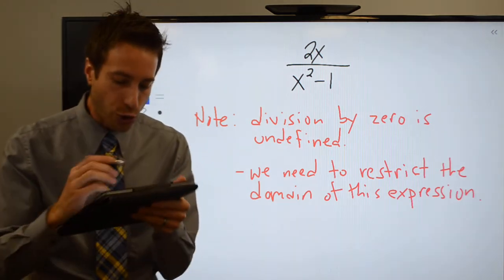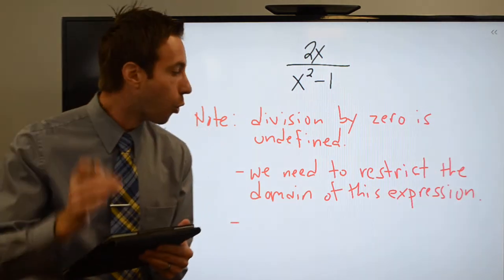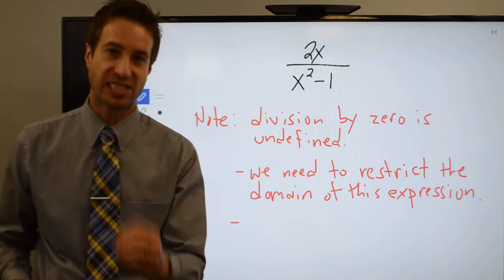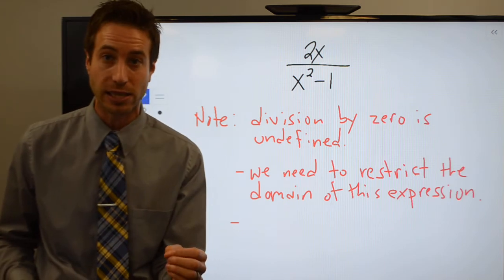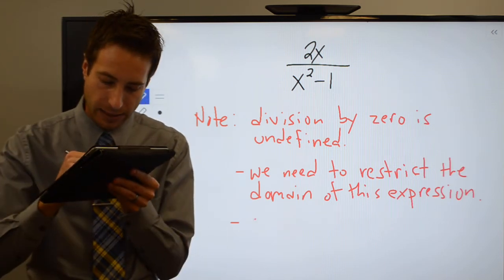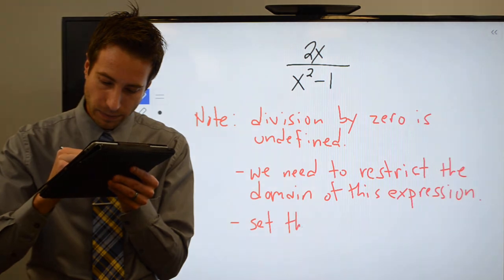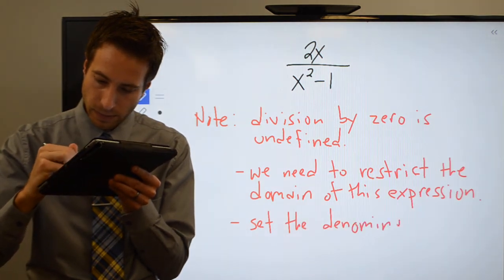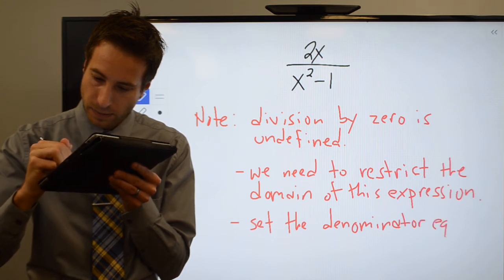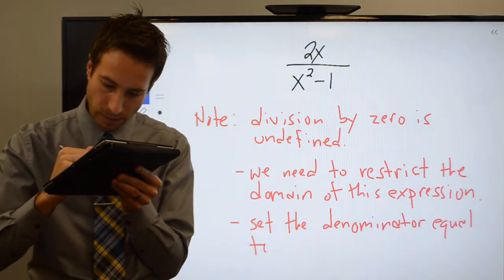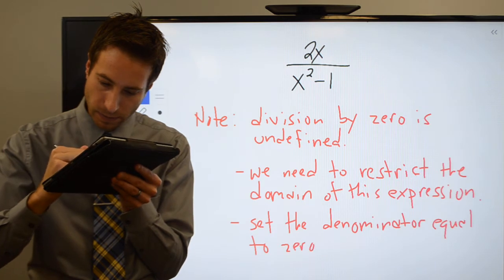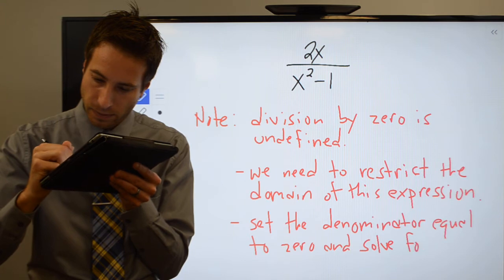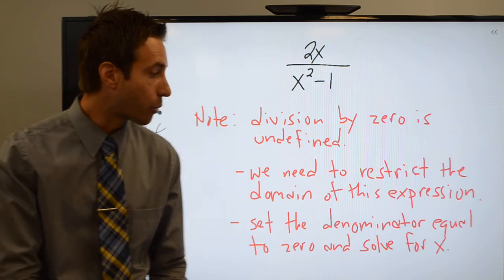So here's how you're going to do that. In order to find those restricted values of x, we'll set the denominator equal to 0 and solve for x. Now, here's why we're going to do that.